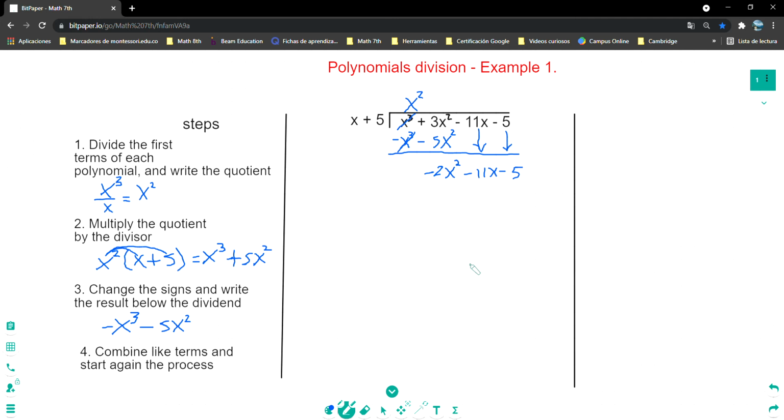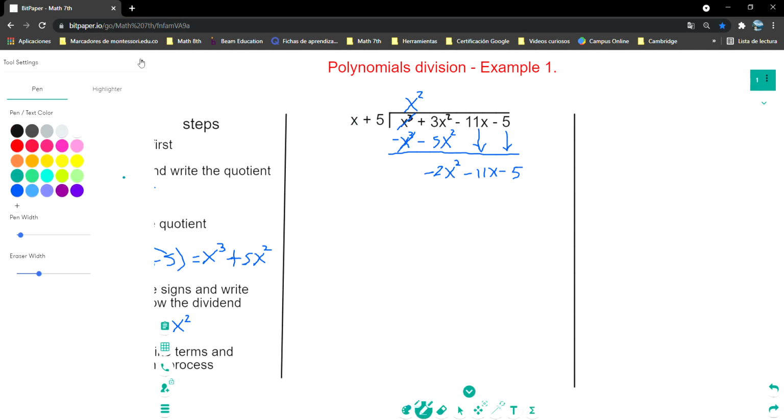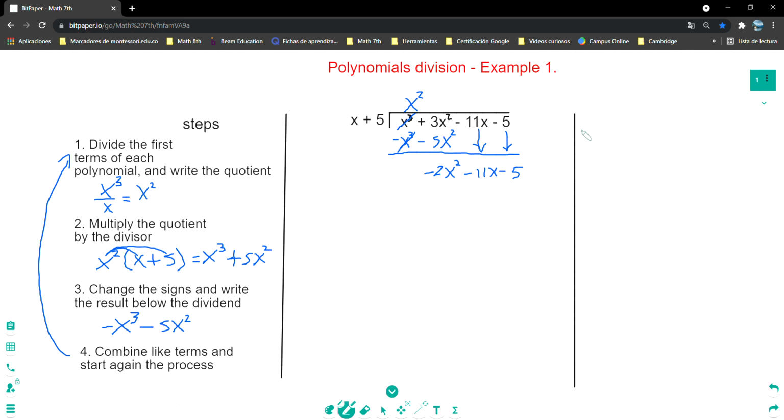Now we start again the process. We go back to the first step, and we are going to divide the first term of this remainder. That will be minus 2x squared over x. We know how to divide these monomials, guys.